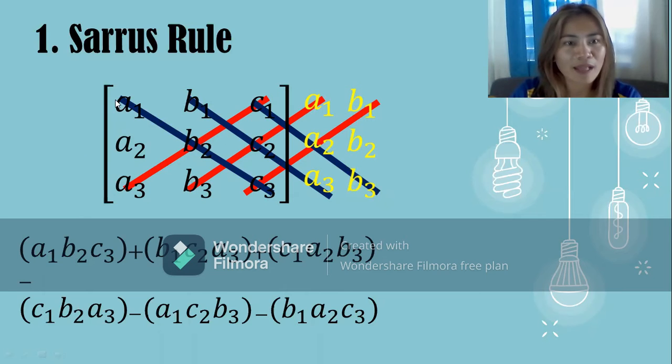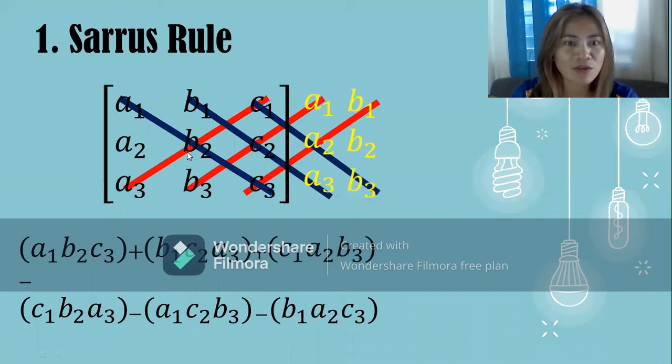Okay, so in the first blue line, A sub 1, B sub 2, and C sub 3. Get the product of these 3 elements, plus the product of B sub 1, C sub 2, and A sub 3, plus the product of C sub 1, A sub 2, B sub 3.